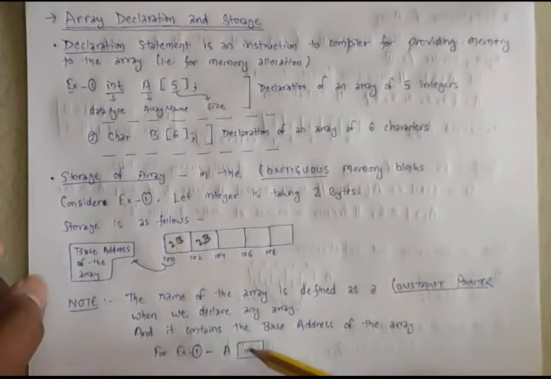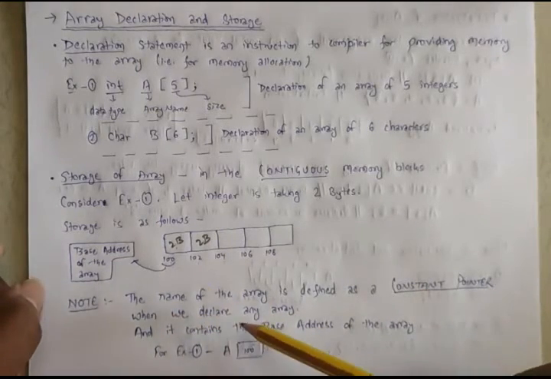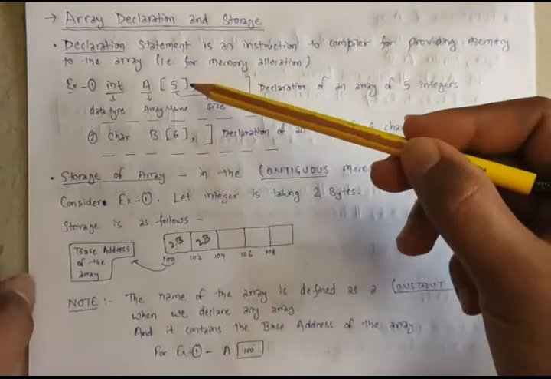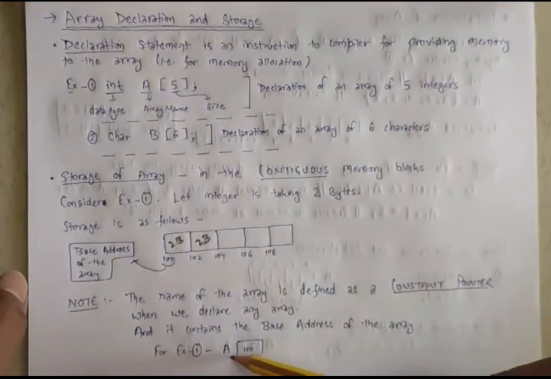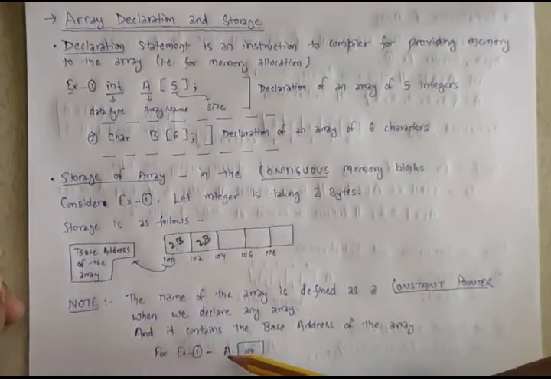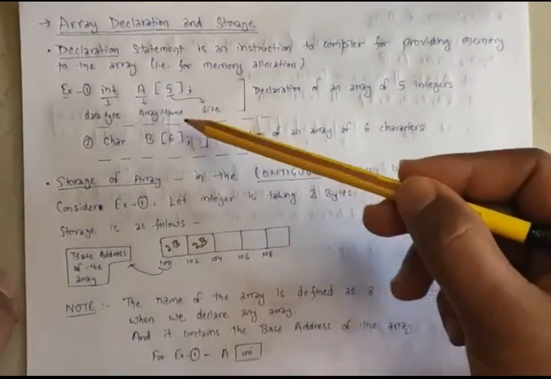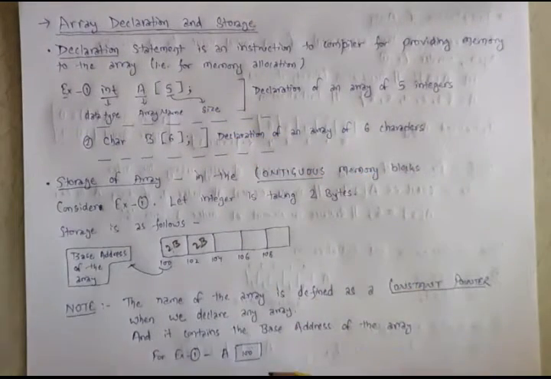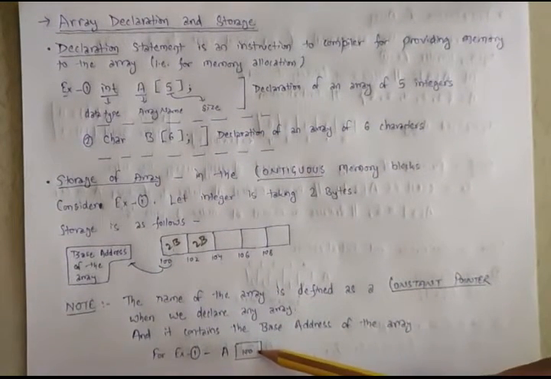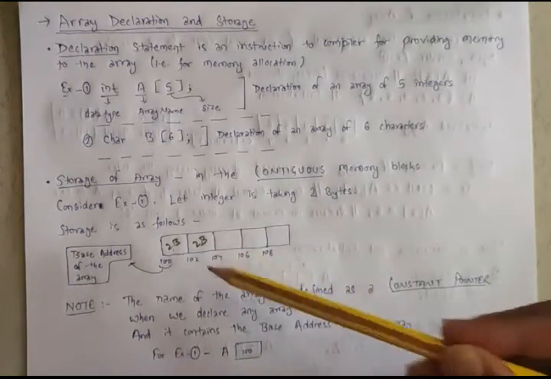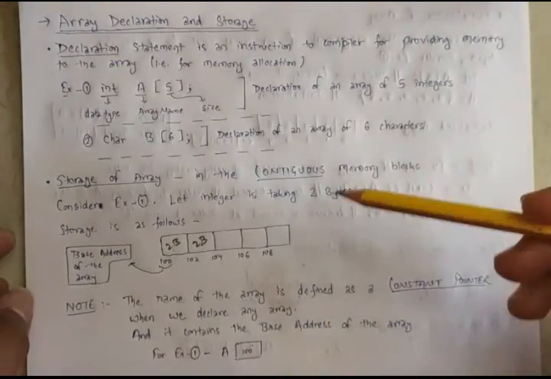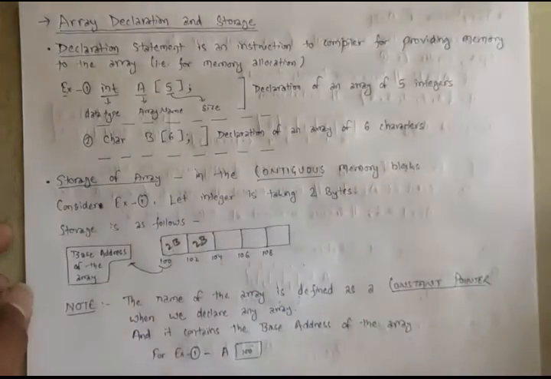What this means is that whenever we declare an array, this pointer A would be created because A is the array name and it would be storing the base address, that is say 100, of the array. So this is all about array declaration and storage.